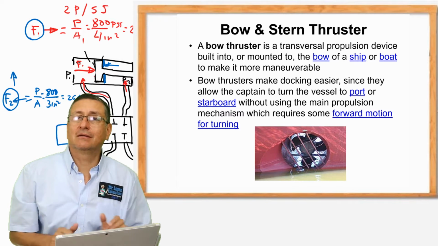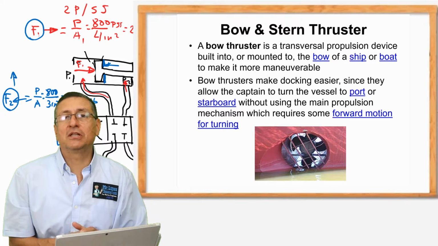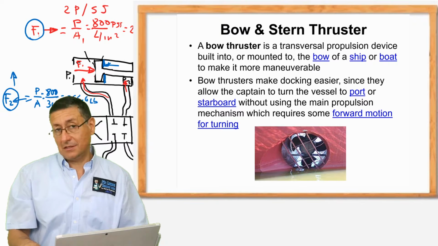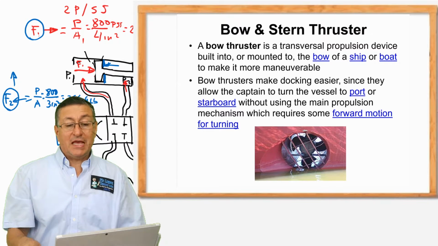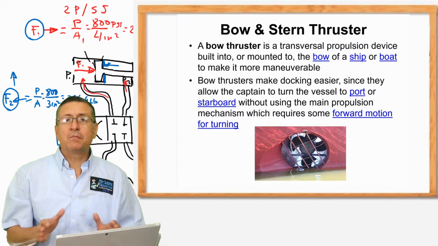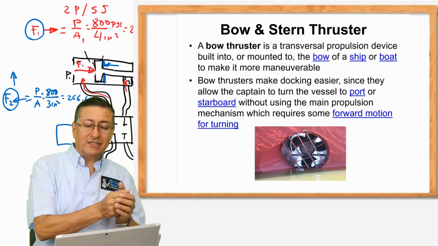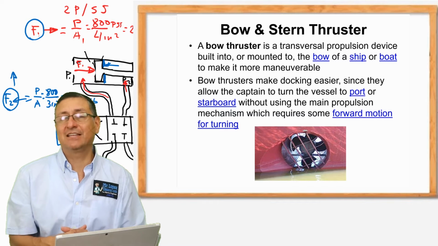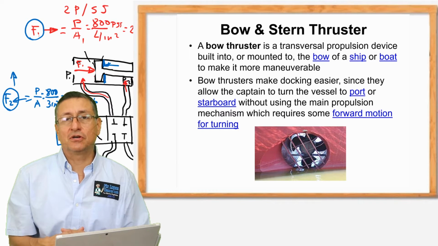It's good when you try to dock the boat. Bow thrusters make docking easier. They allow the captain to turn the vessel to port or starboard without using the propulsion system. That's the secret, and this is the advantage.